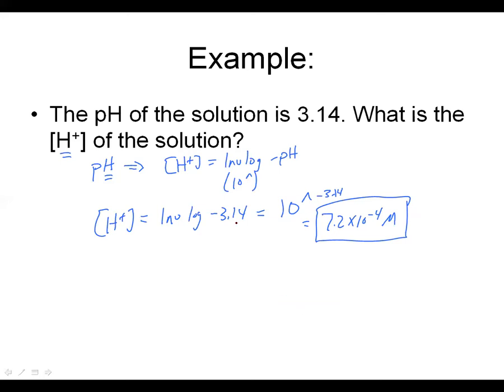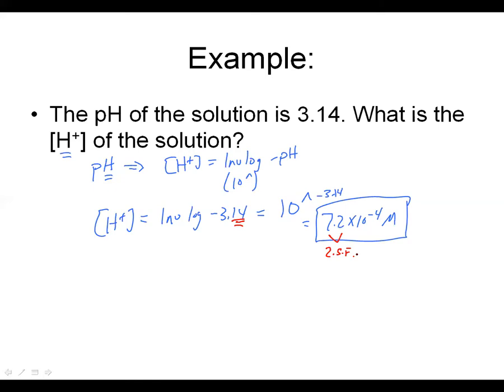Our pH value had 2 decimal places, which gives us 2 significant figures when we go backwards. So if you go from pH to concentration, you do want to watch those sig figs. This solution would also be acidic, as the pH value is 3.14, which is less than 7. That's how we would know it's acidic.